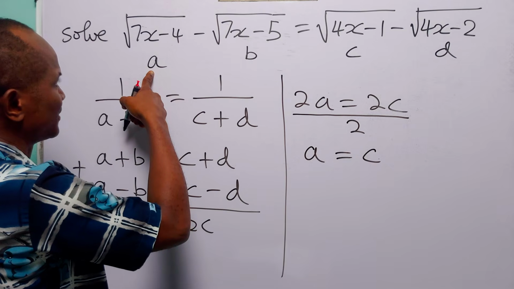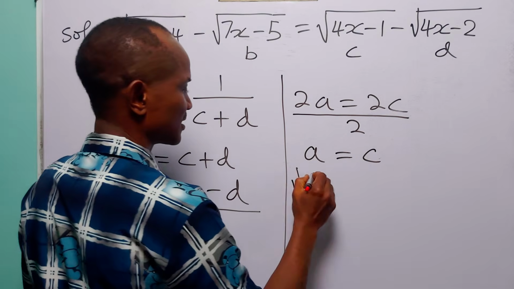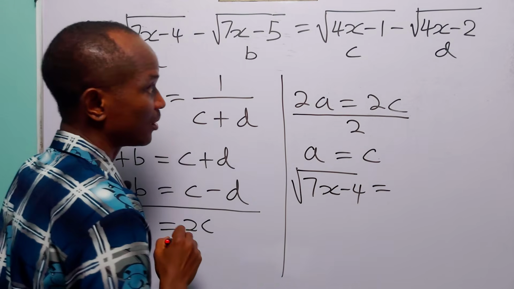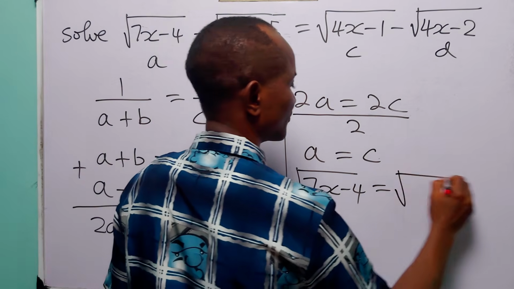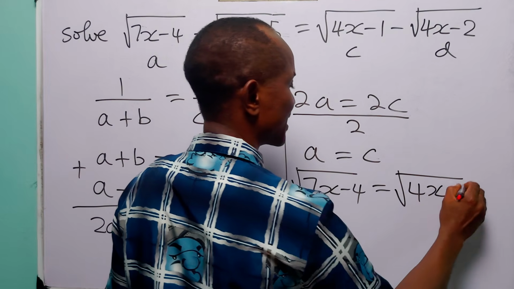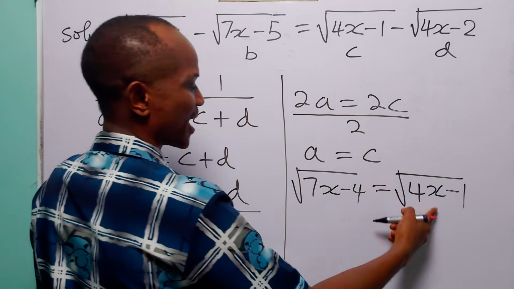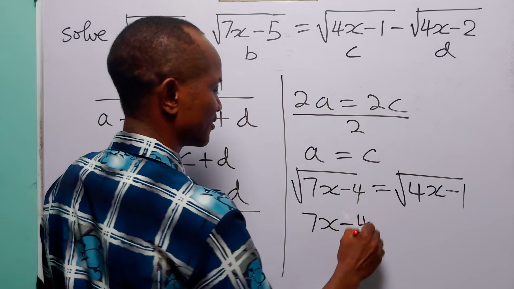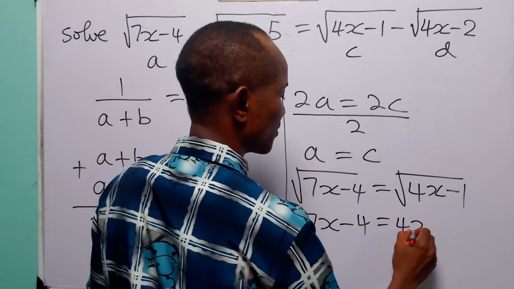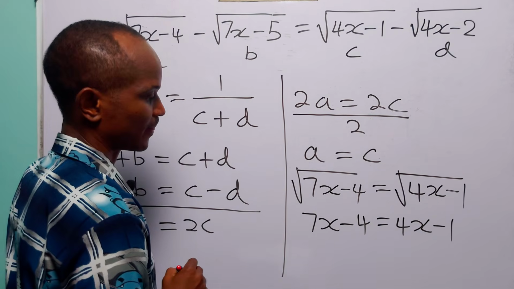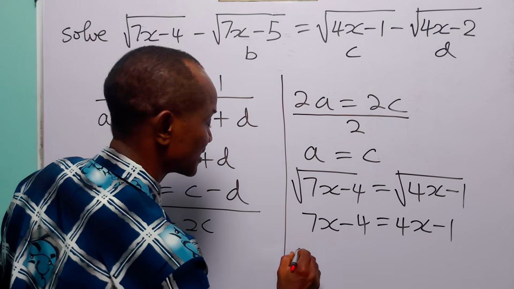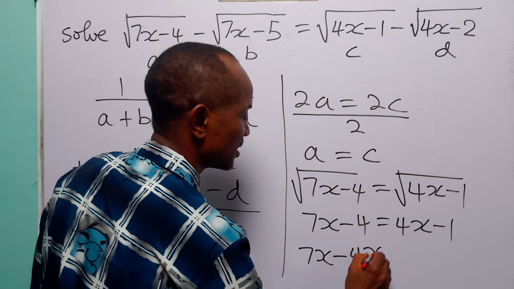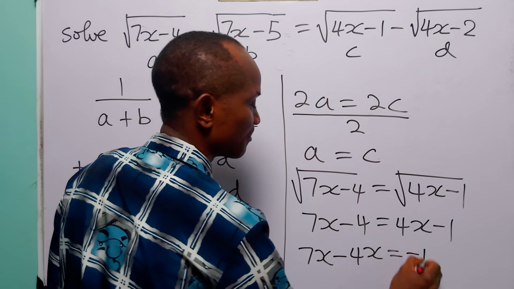Now we go back to the original equation once more. This means that root 7x minus 4 is equal to root 4x minus 1. Now, when we square both sides of this equation, we have that 7x minus 4 is equal to 4x minus 1. Rearranging this equation, we have that 7x, this comes over to the left, minus 4x is equal to minus 1.